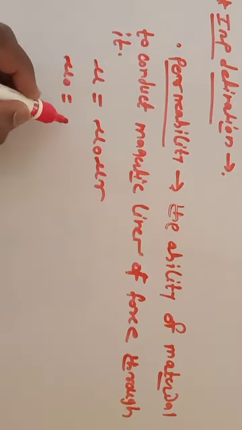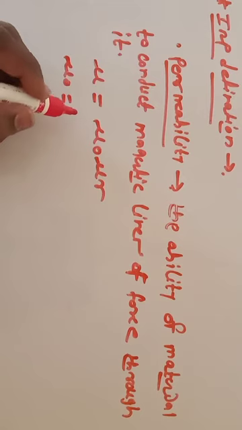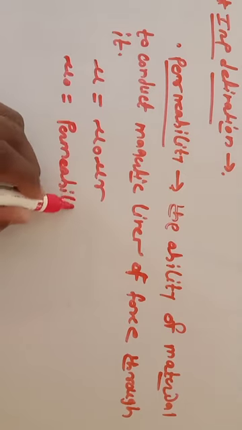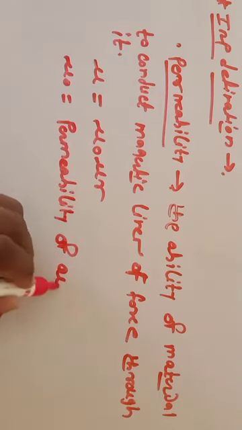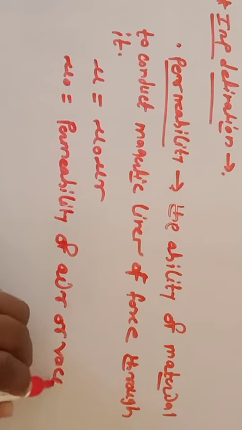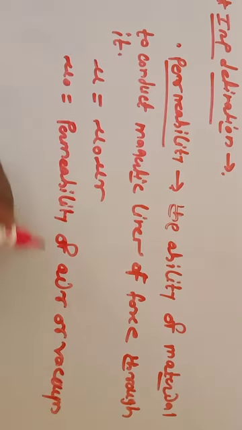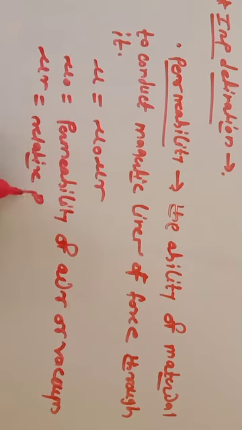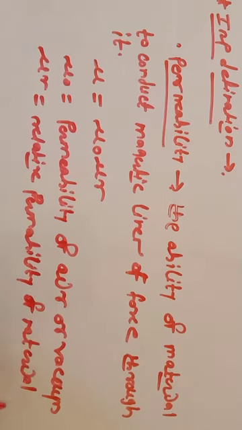Mu 0 is the permeability of air or vacuum, and mu r is the relative permeability of the material. So this is regarding permeability.